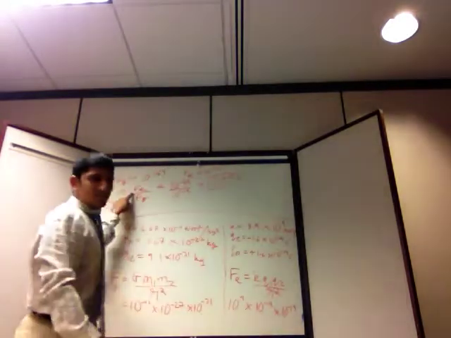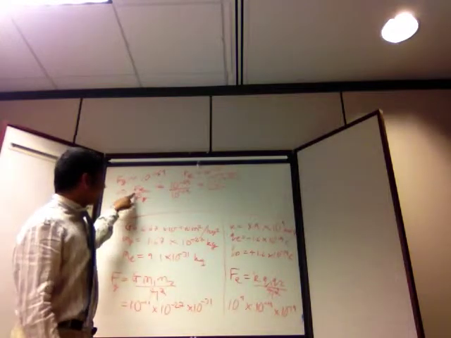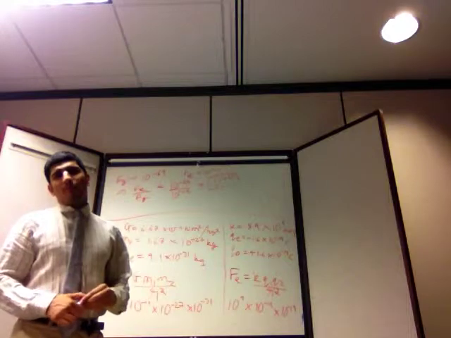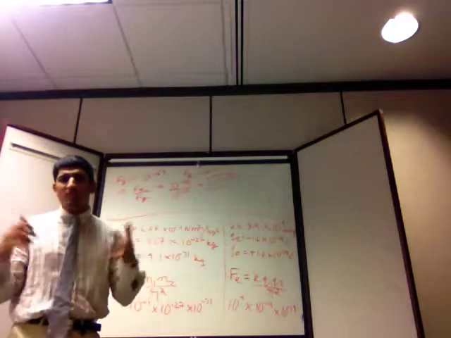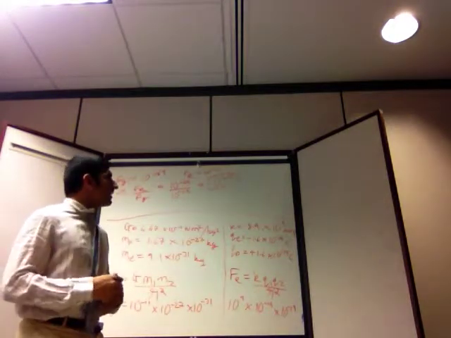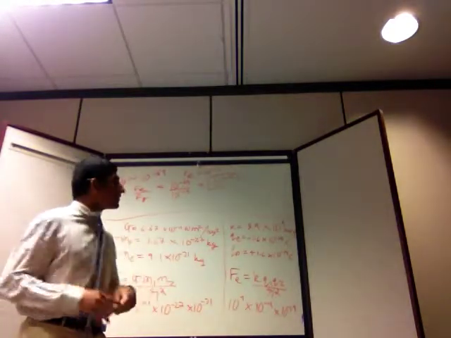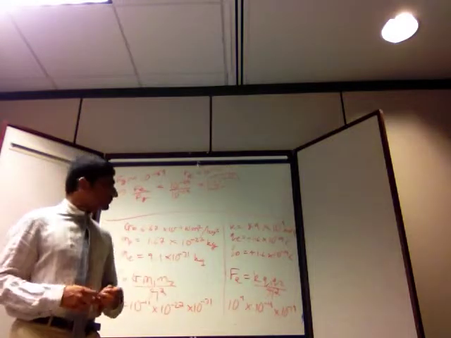So the electrostatic force is 10 to the 40 times more powerful than the gravitational force, which is a huge, mind-boggling number. Perhaps that number may very well be more than the number of atoms in our universe.